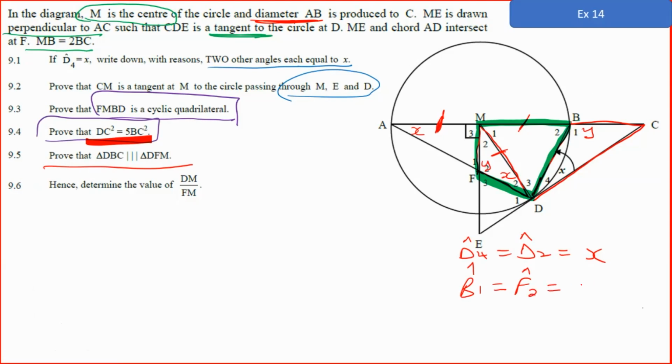And what's the reason? Exterior angle of a cyclic quad. And then we got our last angle. Your last angle, angle C, should be equal to angle M2. What's your reason there? Sum of angles of a triangle.